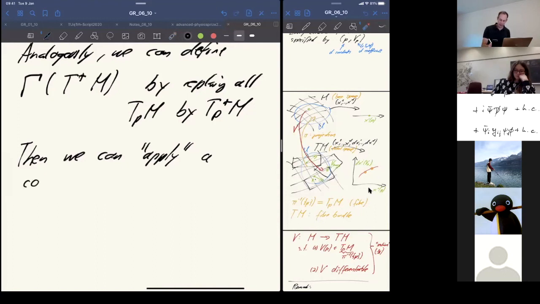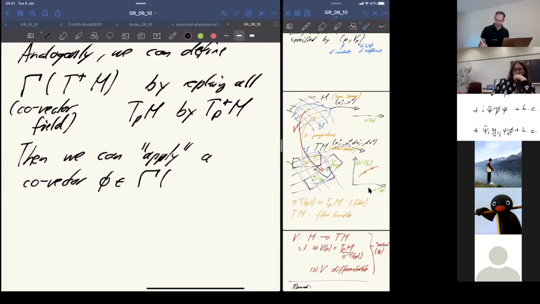Maybe I should write this. This is a covector field. We can apply a covector phi, so this is an element of this covector field, to a vector field. So that's something new.